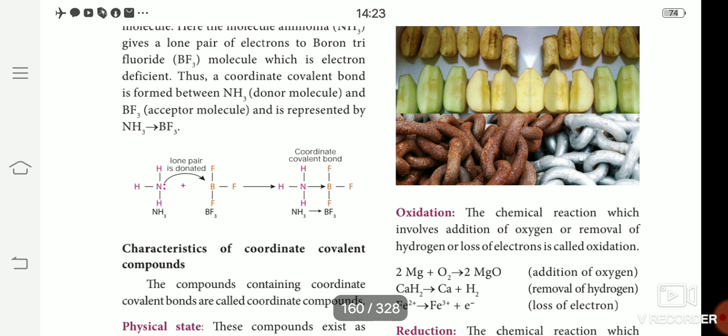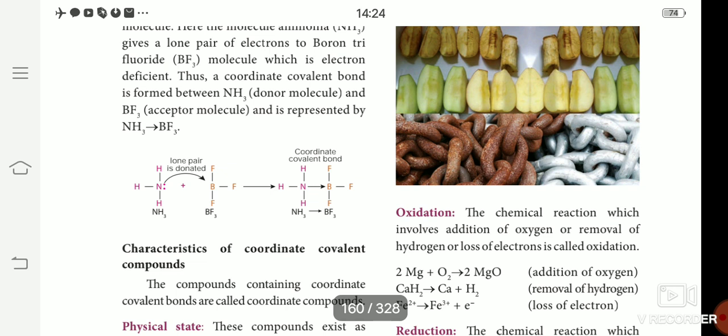Then the next reaction is copper oxide. Copper metal combined with oxygen forms a metal oxide. Copper oxide reacts with hydrogen to give pure copper metal and water, so it is the removal of oxygen.